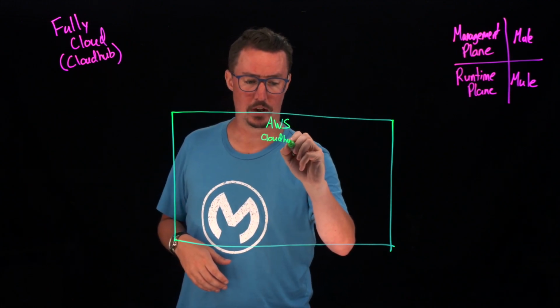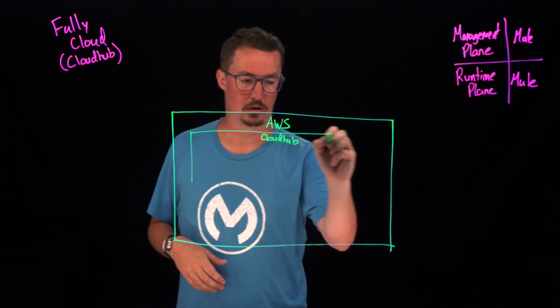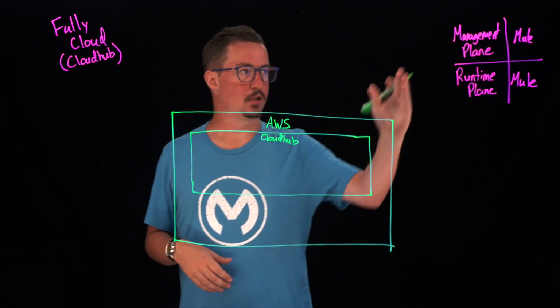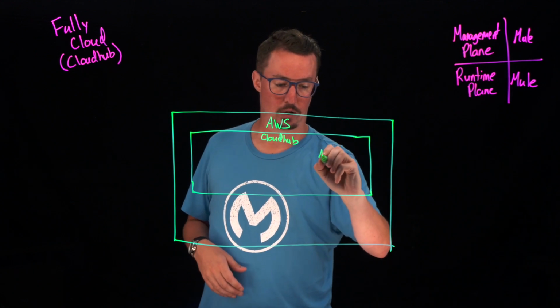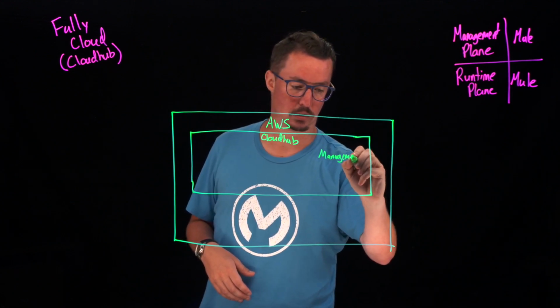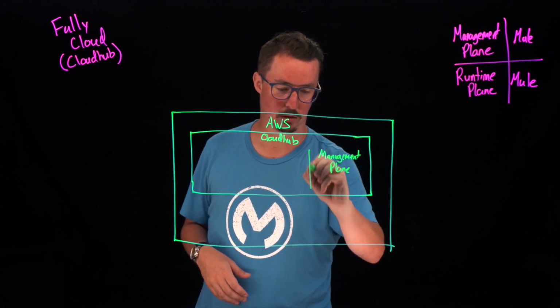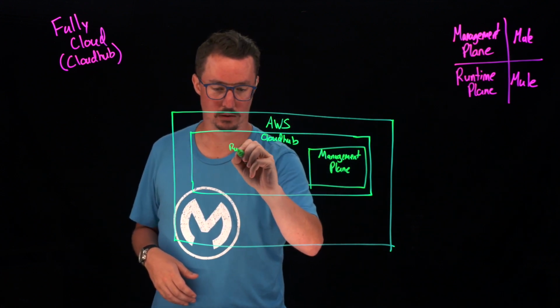As I mentioned before, this is MuleSoft's Cloud iPaaS service. And as we mentioned before, we have a runtime management plane and a runtime plane. So if we think about it here, we've got our management plane. Then we also have our runtime plane.